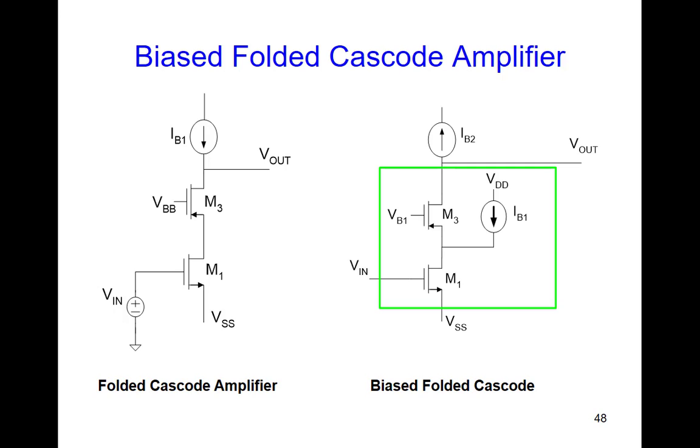And if this was 1 milliamp, and this was 0.5 milliamps, then we'll have a net current flowing in this direction here. So we have now the ability to bias both M1 and M3 so that they're in the saturation region. So eureka, we're back in a situation now where it'll work. And the small signal analysis is the same.